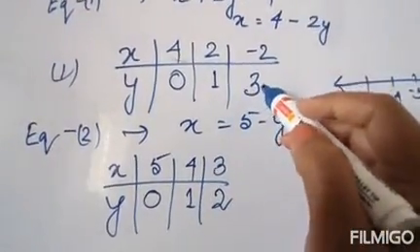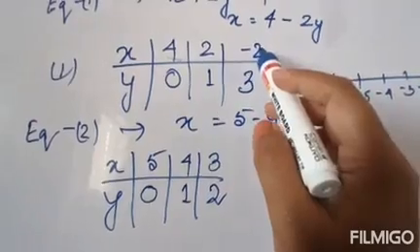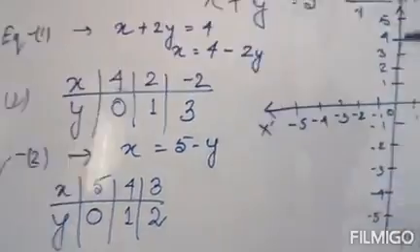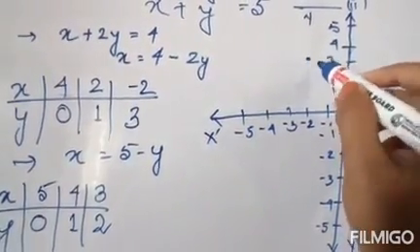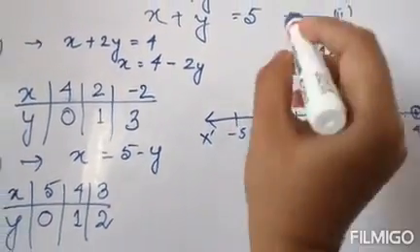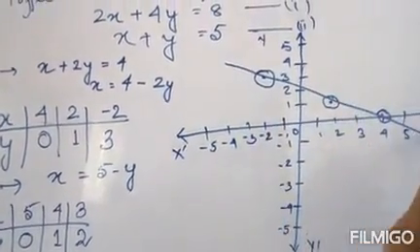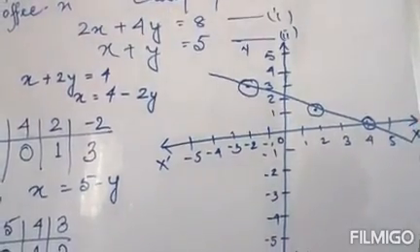And third one is that y is 3 and x is minus 2. So this is our third point, and we'll draw a straight line passing through all these 3 points.